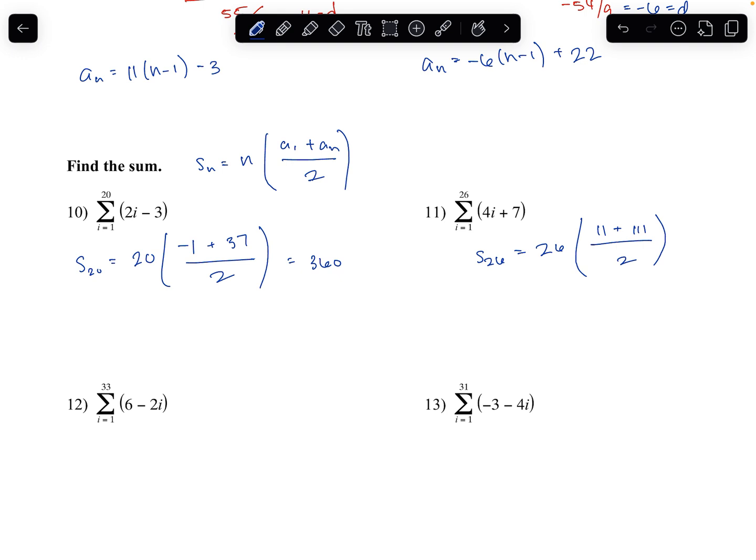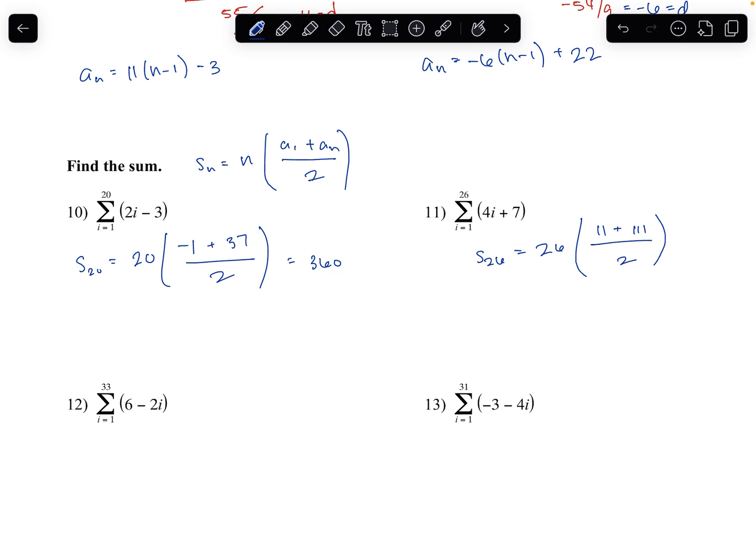So 26 times 11 plus 111, and then you're going to divide that by 2. Let me do that right there.